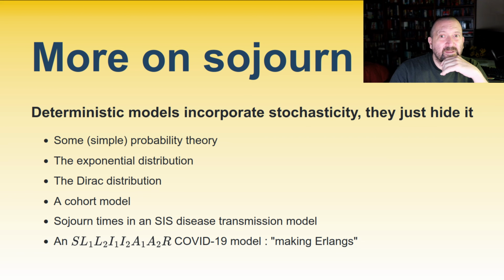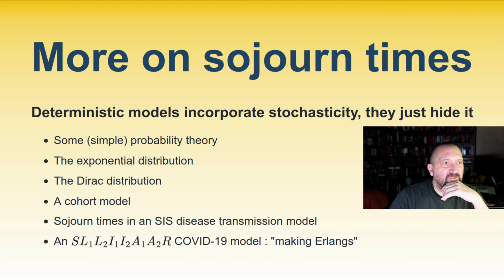Now, one thing that I want to do is to spend a little time talking about sojourn times. And the reason I think this is worth spending some time discussing is that, in effect, even the most classic deterministic model incorporates stochasticity. So most deterministic models are actually stochastic in some way.